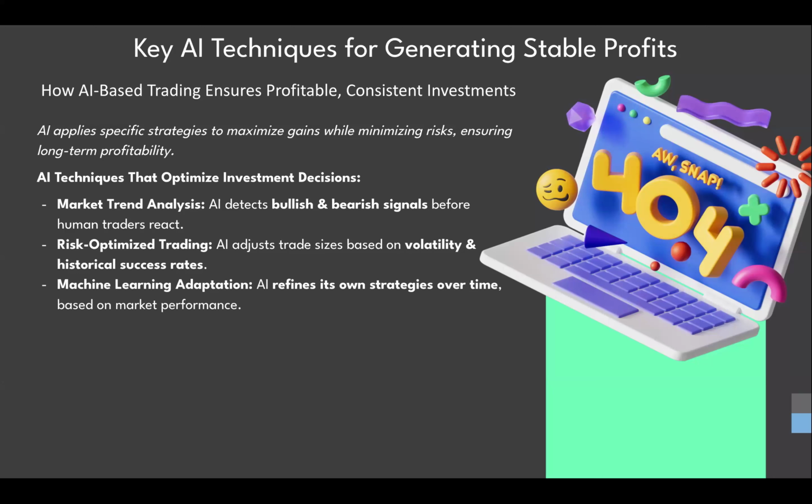So we have machine learning adaptation. This is kind of AI that refines its own strategy over time. As I've mentioned, one of the things that we use at Candle AI is reinforcement learning.